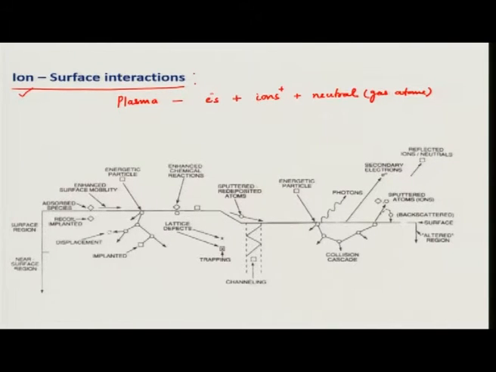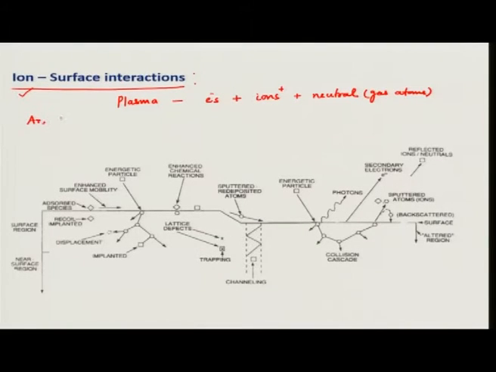We can use noble gases like argon, helium, xenon, etc. to create neutral plasma, or we can use oxygen, nitrogen, and sometimes ammonia, these gases, to create plasma of these gases or ions of these gases, which can be used for reactive sputtering. Okay.